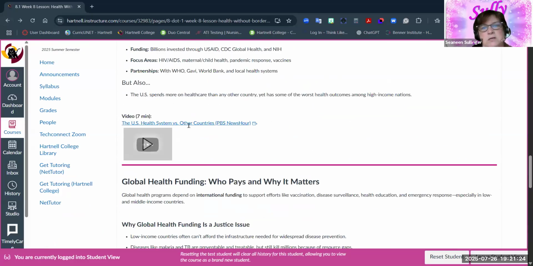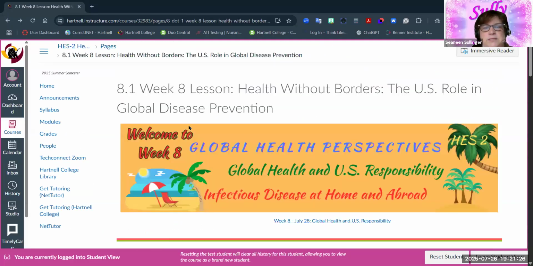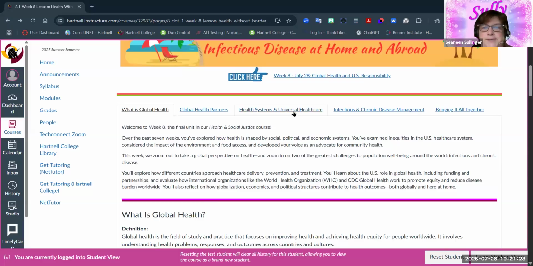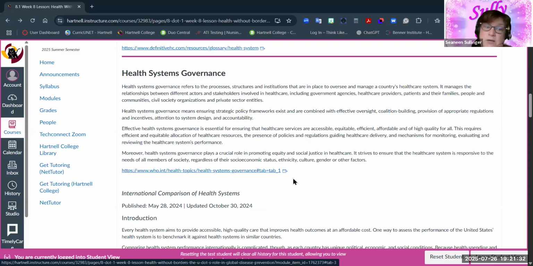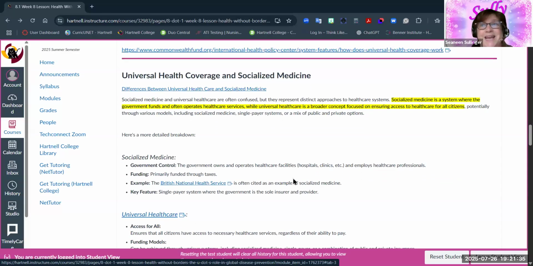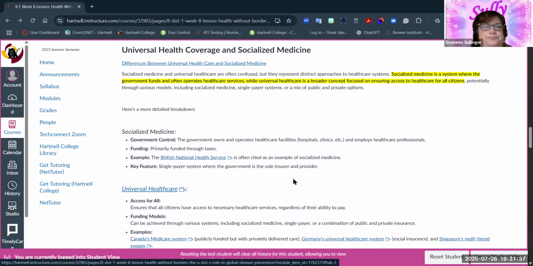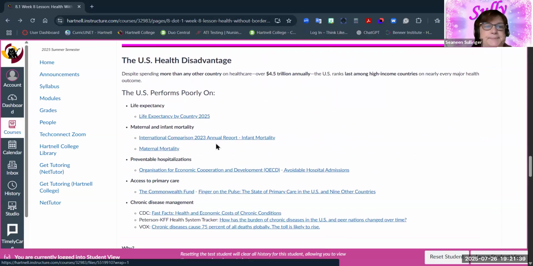And why would the United States have a high maternal mortality? Many people think that it is an equity issue. Let's look at the infant mortality.